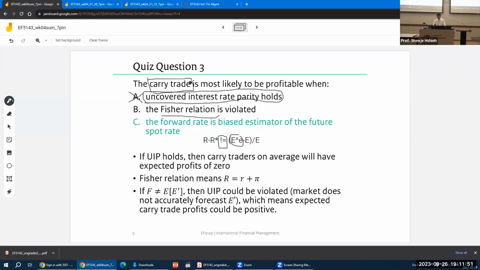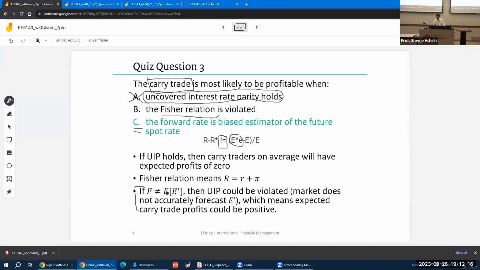Given that, what C says is basically there should be a gap. Because if you're looking at F as a biased estimator of E hat E, then the left-hand side and the right-hand side of UIP should not be equal. In that case, there could be a way to generate positive expected returns. So that's what I wrote here.